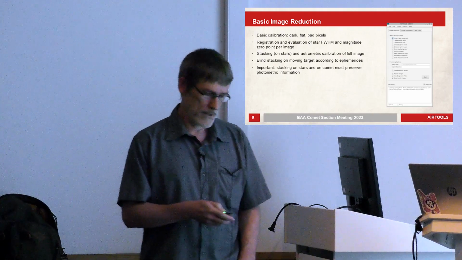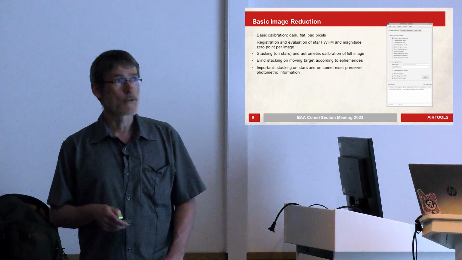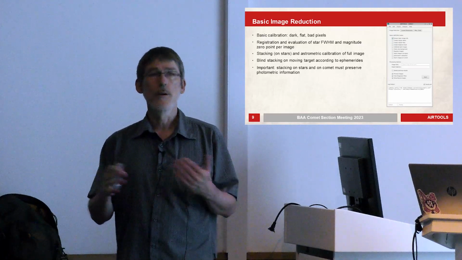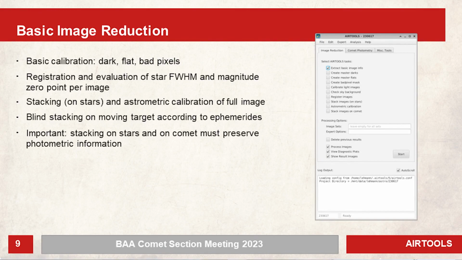The important point here is to do all those processing in a linear way, so you don't disturb the photometric information, and you must do all the processing the same for stacking on the stars and for stacking on the comet.